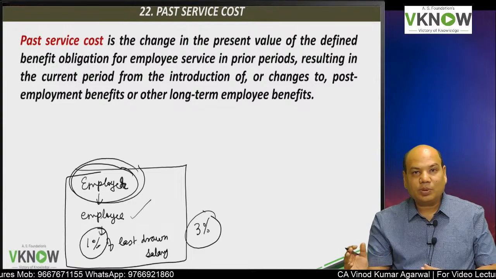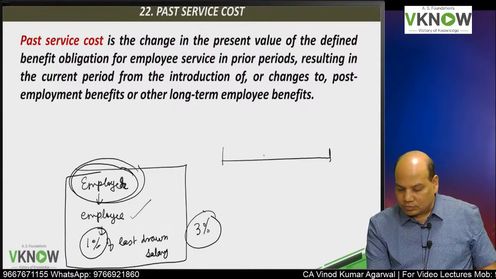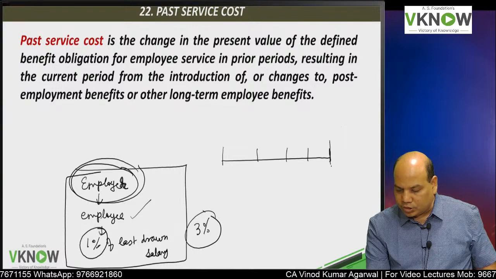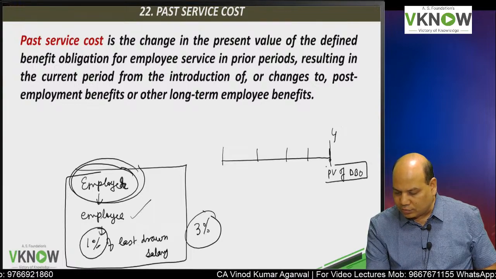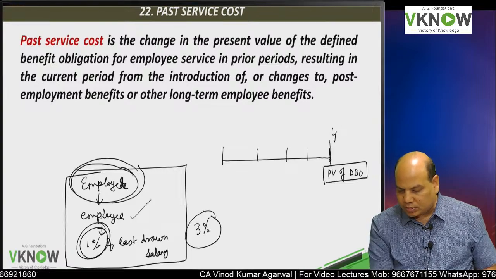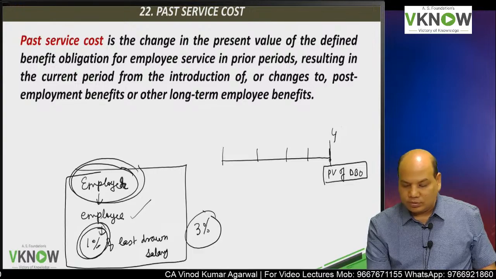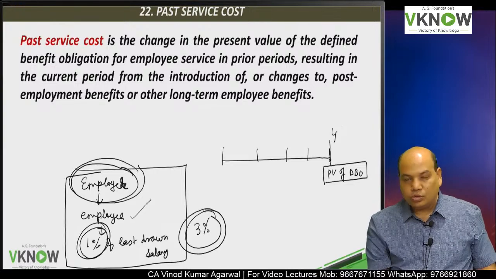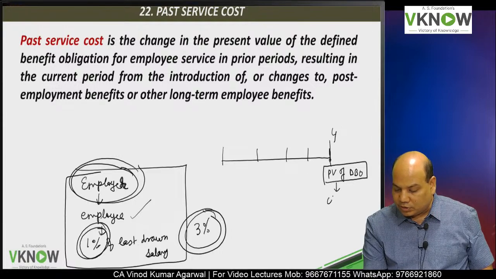But he has already completed services in the past. 1, 2, 3, 4 years are over, and we have some liability in the balance sheet which was calculated using 1%. But now I have to revise my liability by doing the calculation at 3%. So my liability will change.